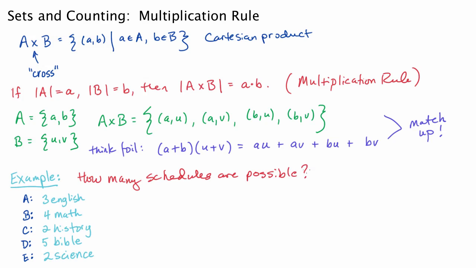Well, a schedule consists of matching up A, B, C, D, and E by choosing one from each of those sets. So what I'm really asking you here is how many things are in the set A cross B, cross C, cross D, cross E. Well, according to the multiplication rule, that's simply 3 times 4 times 2 times 5 times 2 for a total of 240 possible schedules.